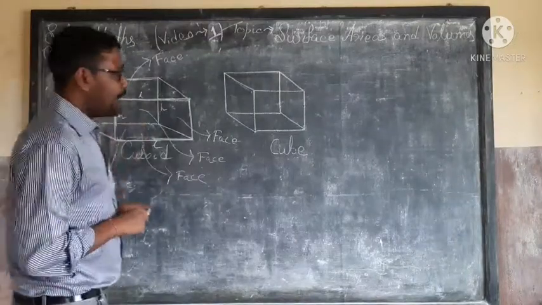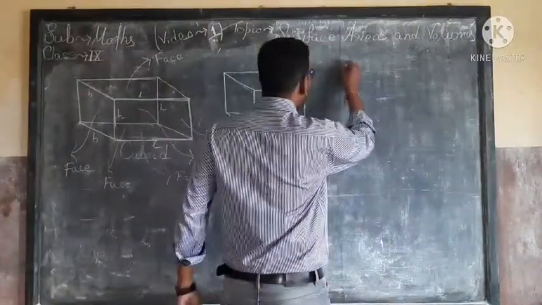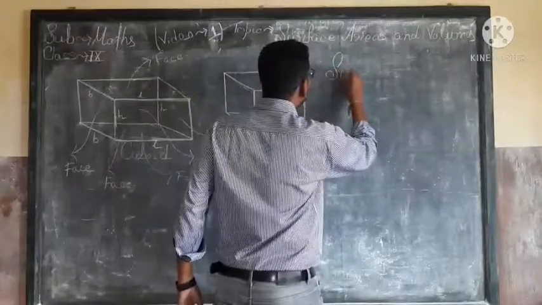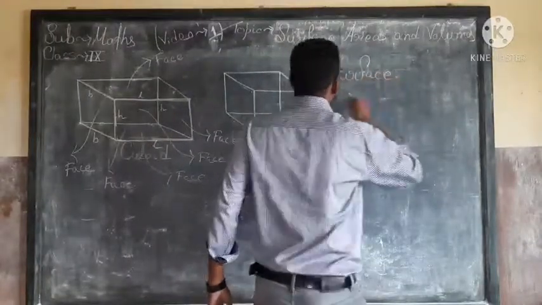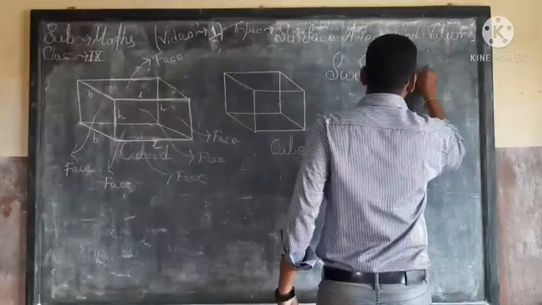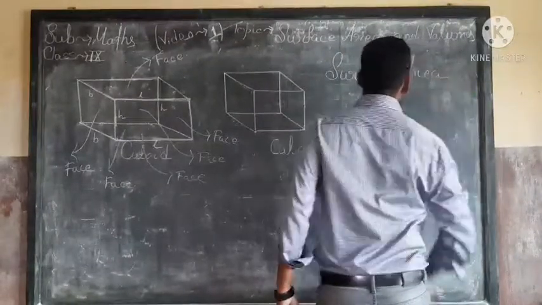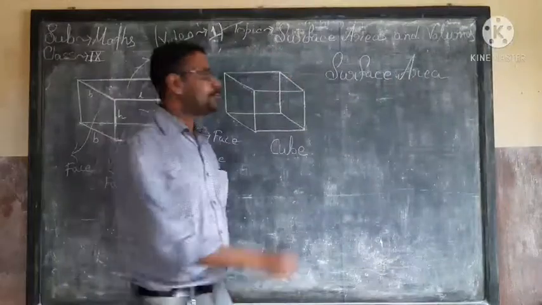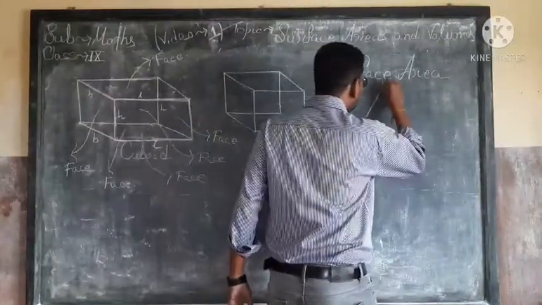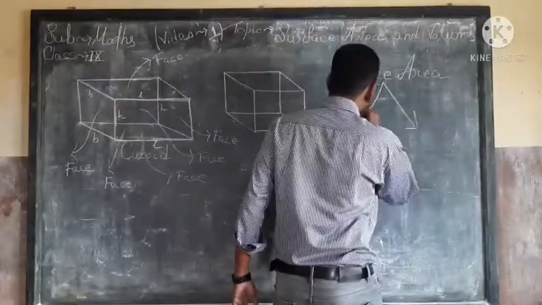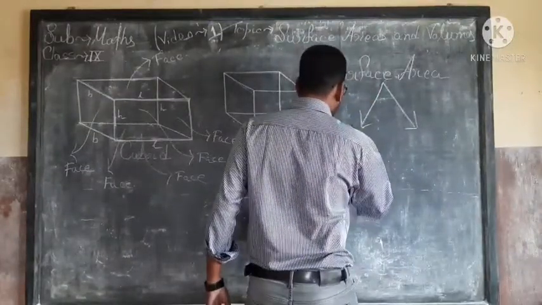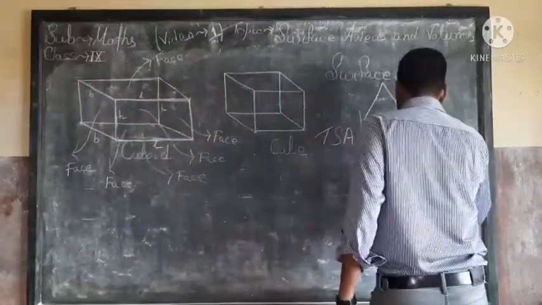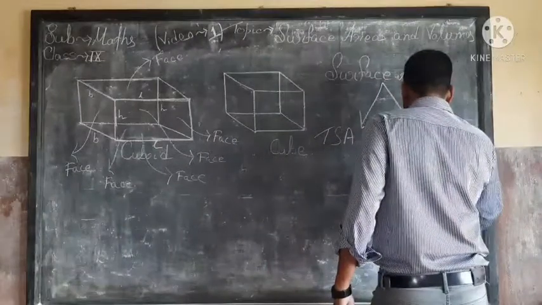Another thing, the surface area for the cuboid and the cube both have two categories. One is the total surface area, another one is the lateral surface area.